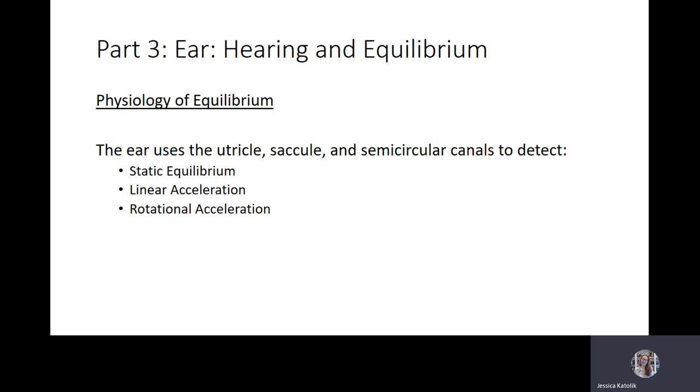And rotational acceleration, also called angular acceleration, so is our body spinning in any different direction? So let's get into it and see how the anatomy of our ear can help us understand this really cool physiology.